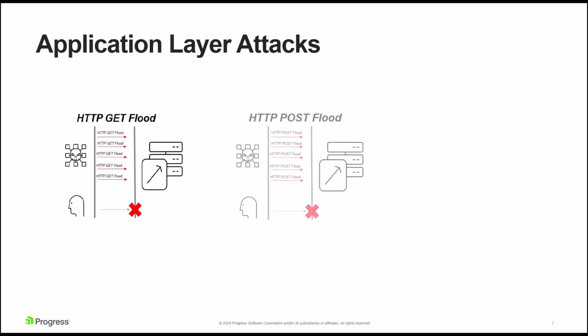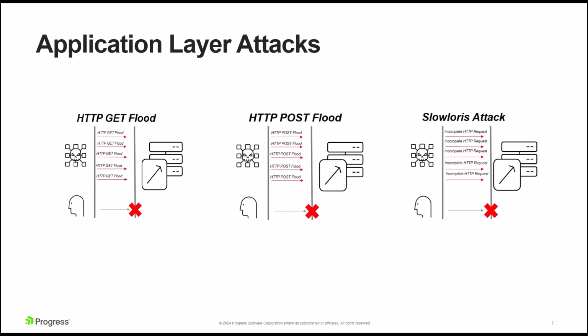Which brings us to application layer attacks. Most perimeter security appliances, such as firewalls, work on the network layer, so it's difficult for them to identify threats running in the application layer. Again, I'm not here to say that a load balancer is a full-blown security appliance, but since we're working on the application layer, it can be used to help identify these types of attacks using features such as the web application firewall.